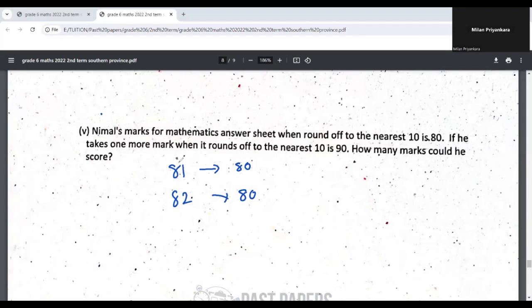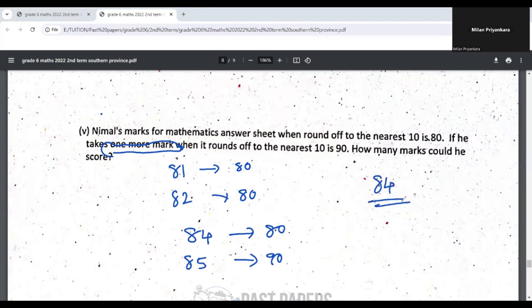So for it to be 90 with one more mark, I think he got 84. So 84 rounds off to 80. When it is 85, it rounds off to 90. So I think he has scored 84 marks, right?